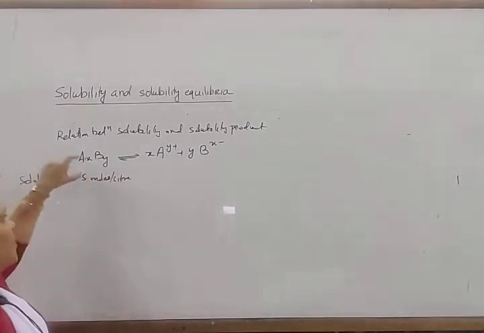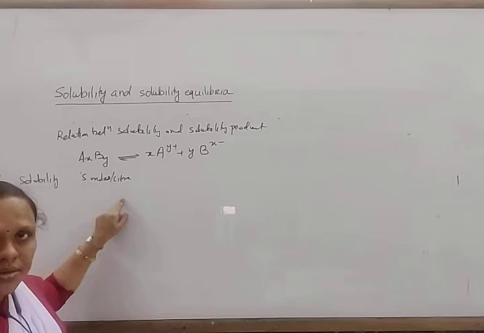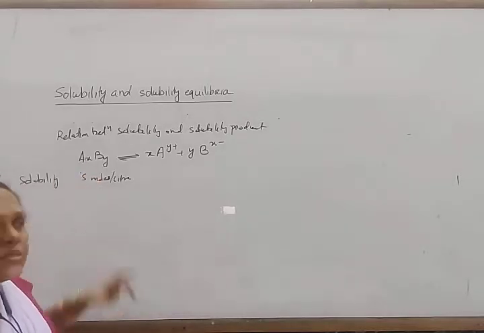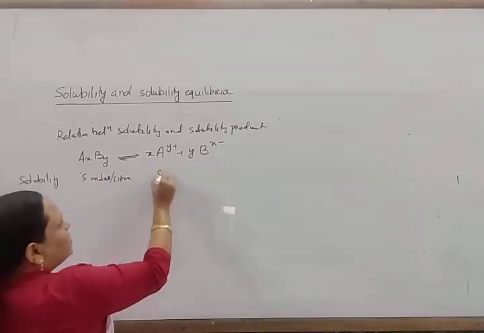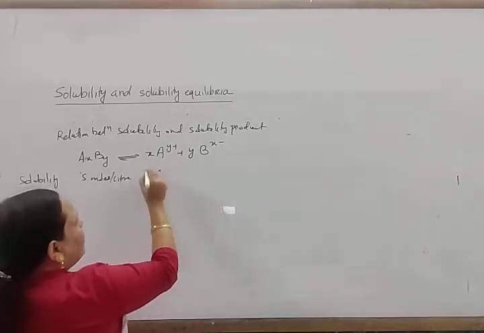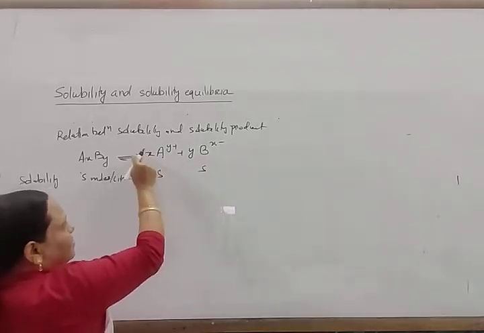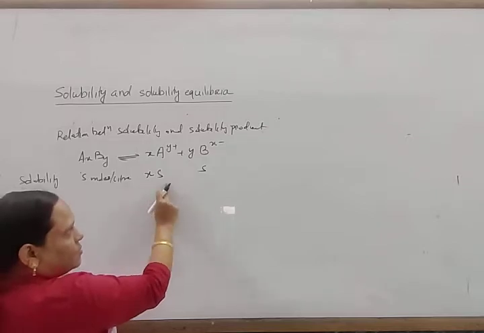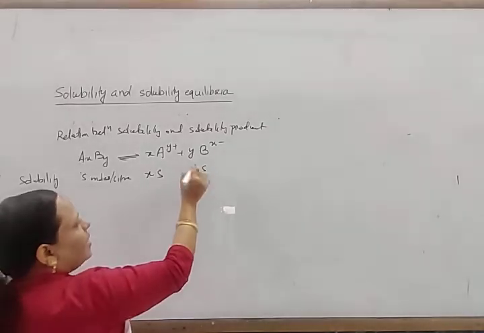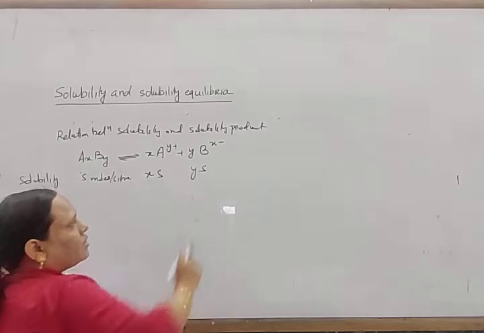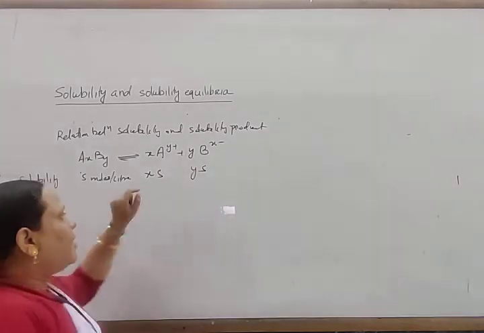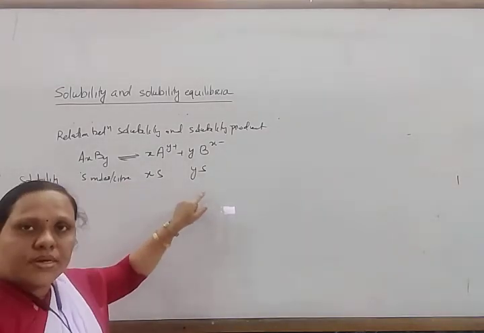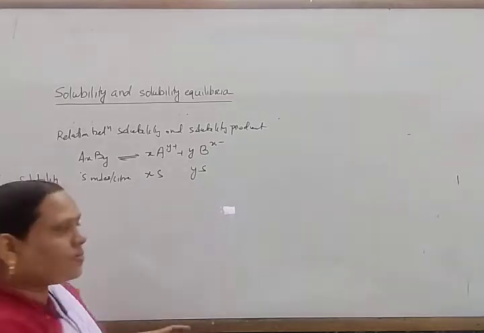So if its solubility is S moles per liter, it gives x number of S moles per liter of A, and y number of S moles per liter of B.